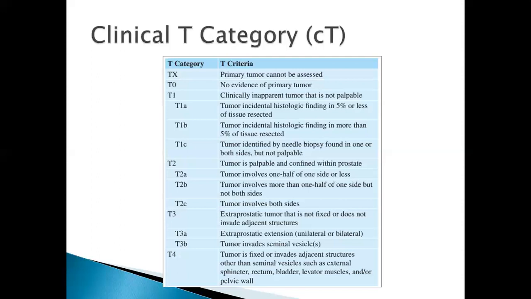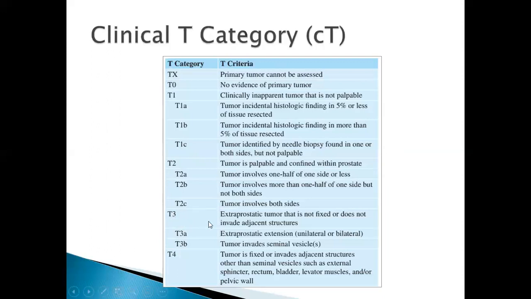So if your DRE is negative, you do not go past T1C, all right? So you might want to draw a line right above the T2 and say above is normal DRE, below the line would be abnormal, all right?